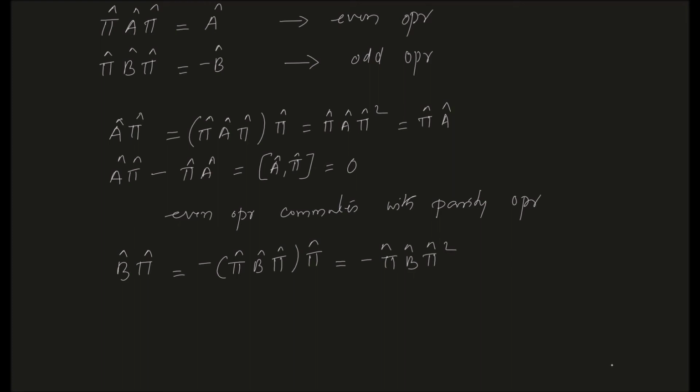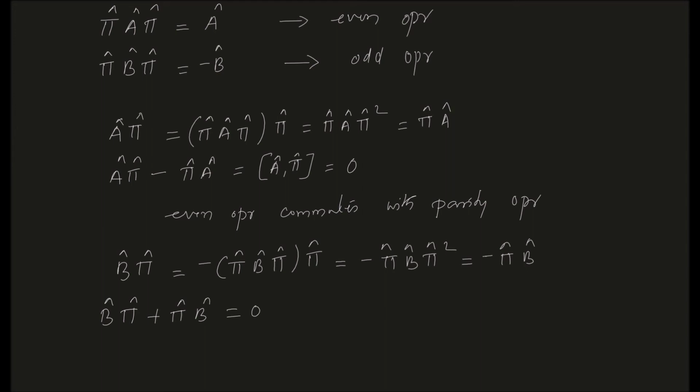Now the square of the parity operator is again 1, so this is minus pi B. Or you can see that B pi plus pi B equals 0.